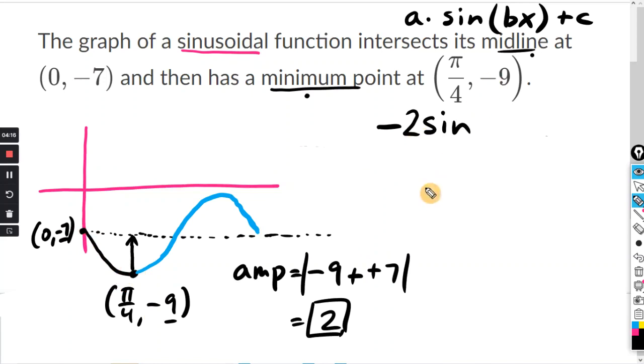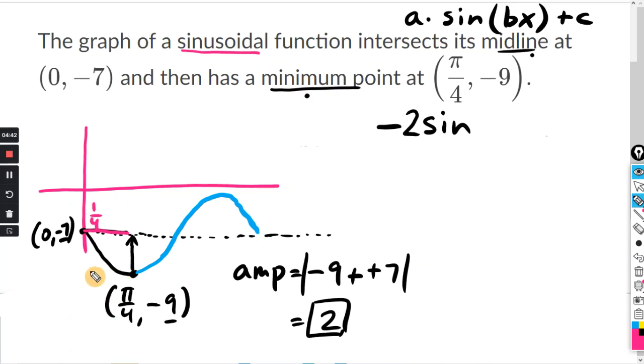All right, and now for B, we need to use the period. Now the period is all the way from here to here. Okay, but this horizontal distance right here is only going to be 1/4 of the period. All right, because it just goes from midline to minimum.